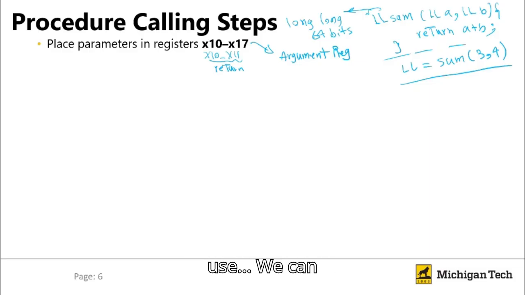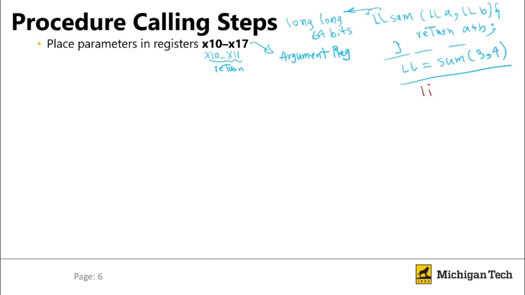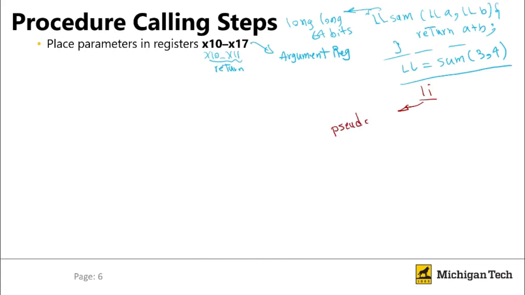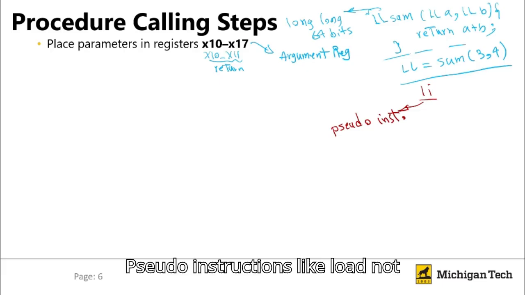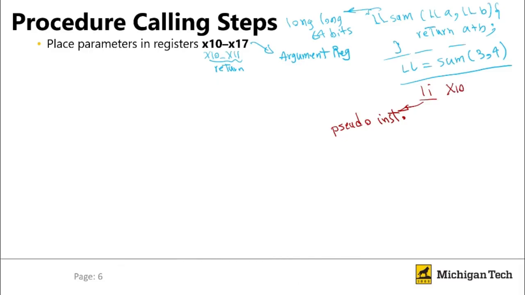We can use load instructions, but we don't have load instructions. In assembly, I think I explained, or maybe not, we have some instructions called pseudo instructions. Pseudo instructions like load do not exist in the hardware, but exist in the assembler.